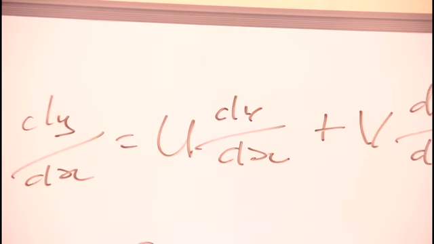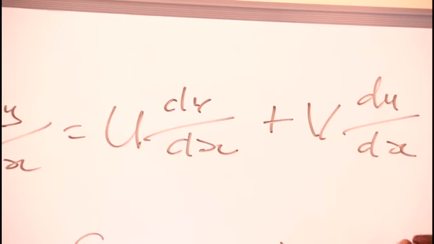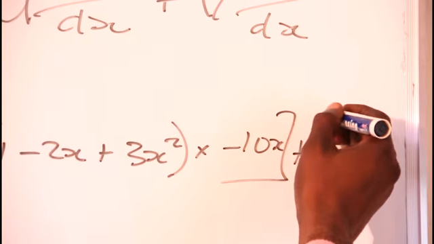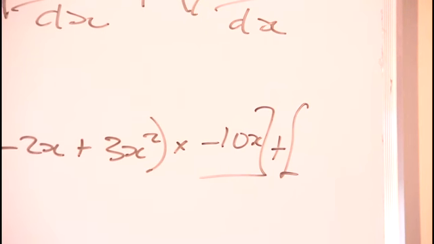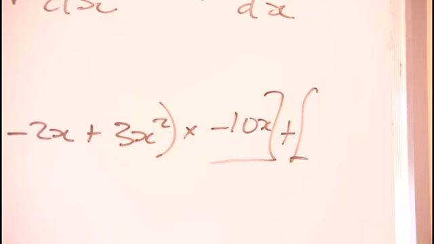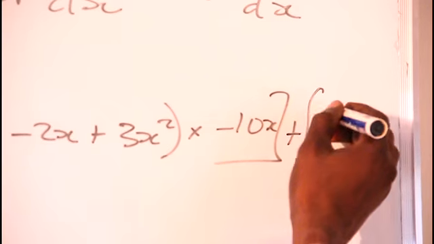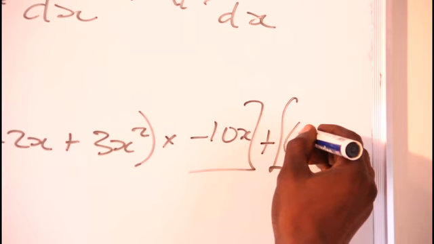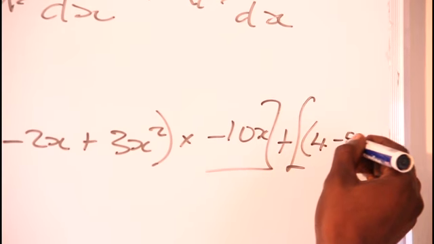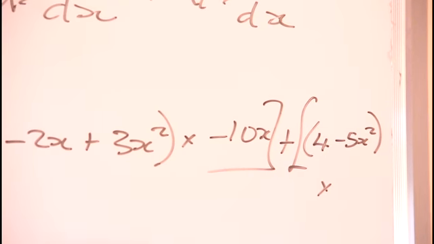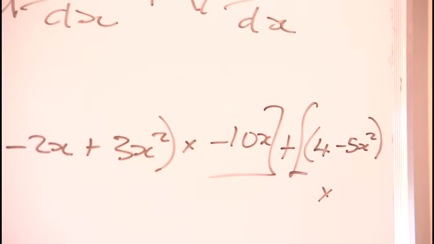Our dv over dx is minus 10x. Then you close it with a parenthesis, then we'll have plus. Then open another parenthesis. What is our v? Our v is 4 minus 5x squared. Then times the du over dx.